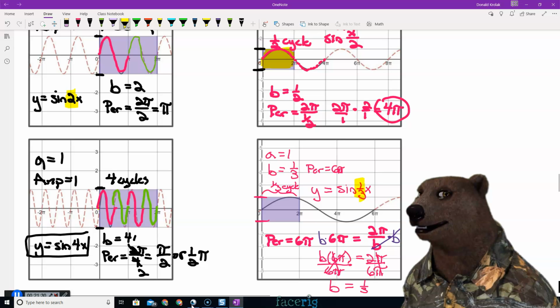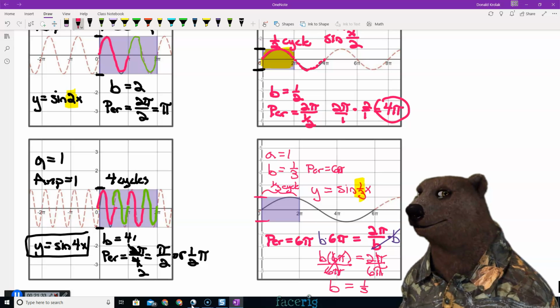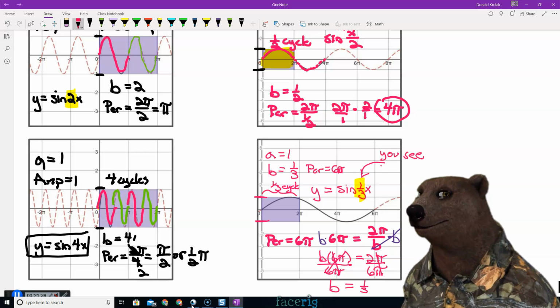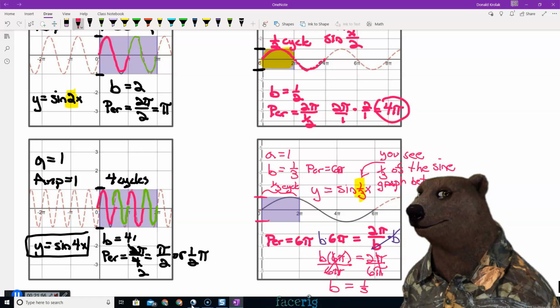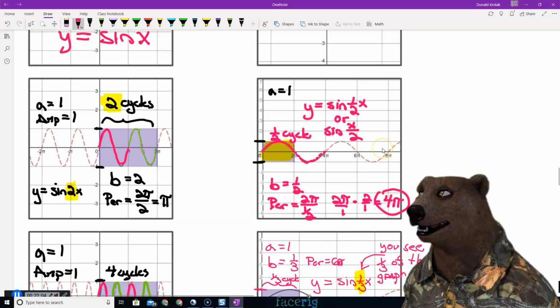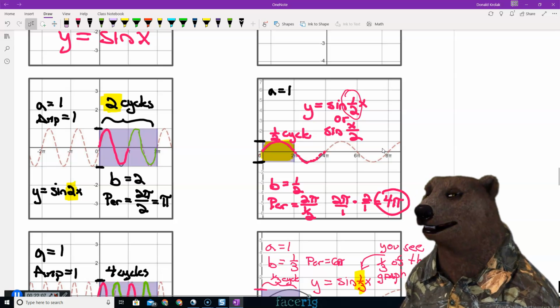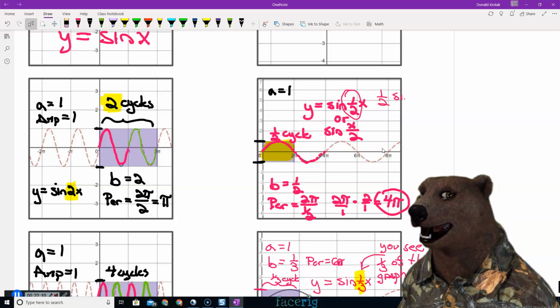That's what this is telling you: one-third of the sine graph between 0 and 2 pi, just like this one up here, guys, where you saw 1/2 a sine curve between 0 and 2 pi.